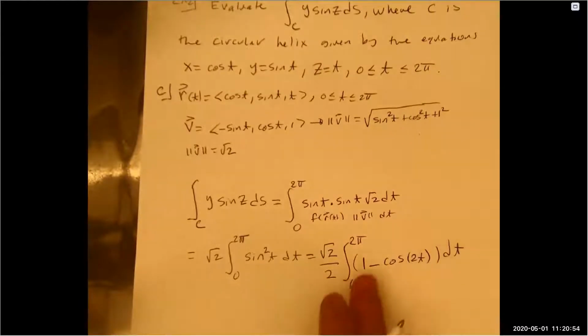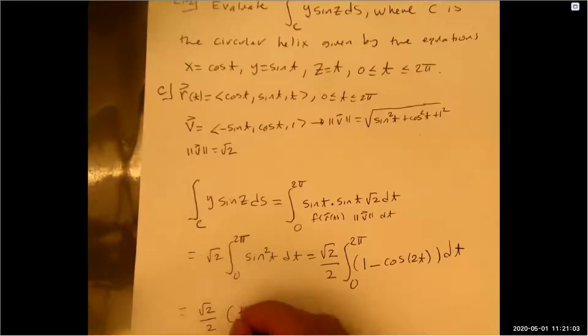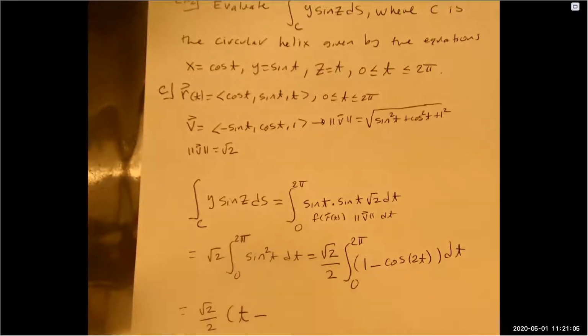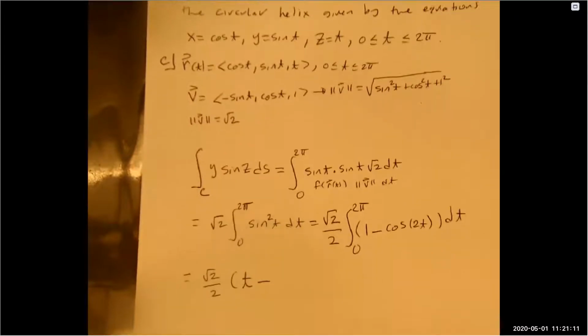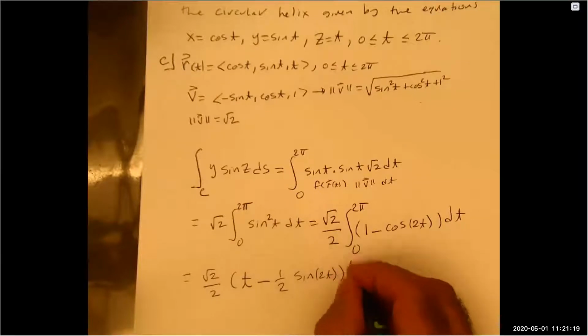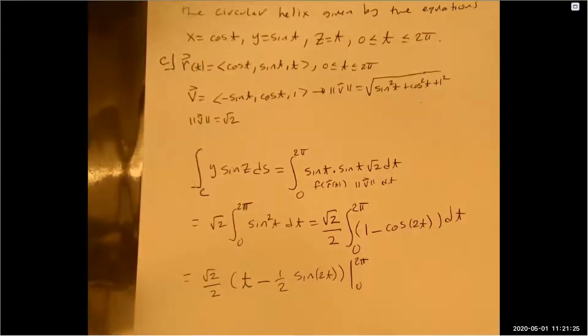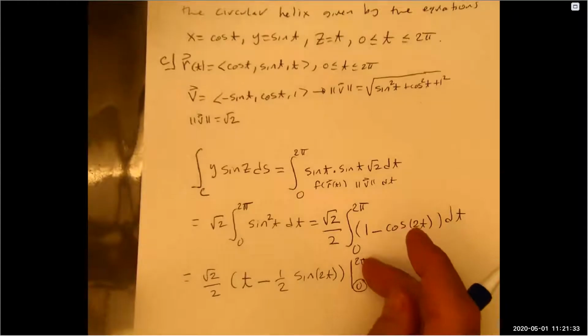So we have that. And so then we can just integrate this now. So we're going to have root 2 over 2. And then we're going to have t minus what? 1/2 sine 2t. So we have that. And so at the lower limit, everything is 0. So we're just going to get 0 there. So the only thing that's not 0 is at the top limit.